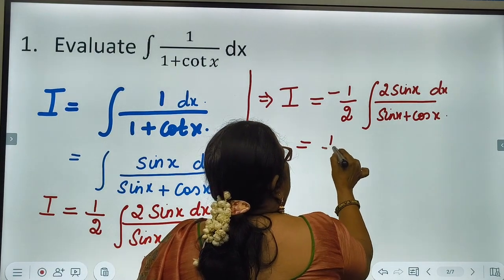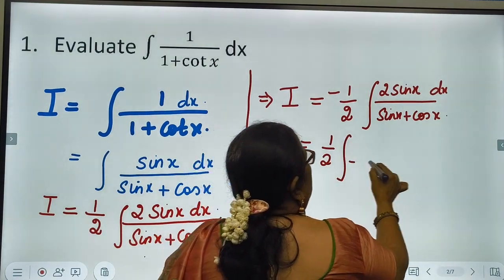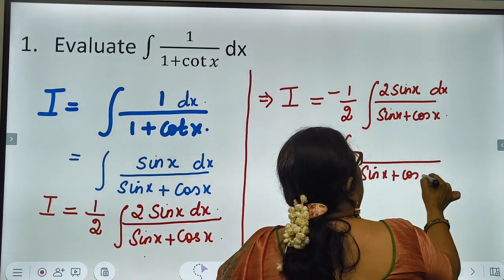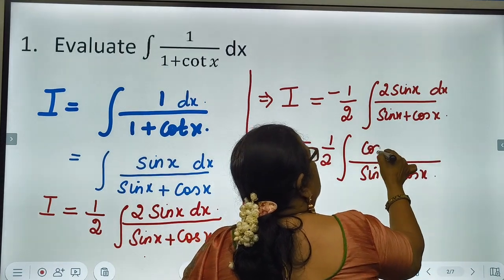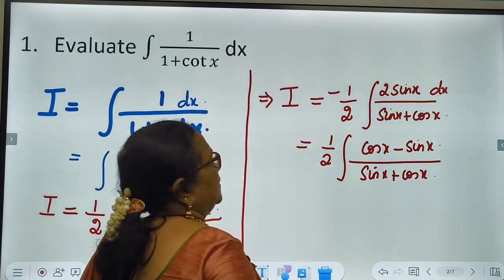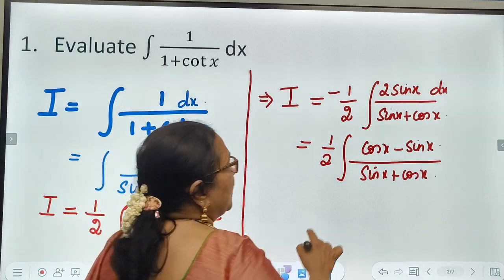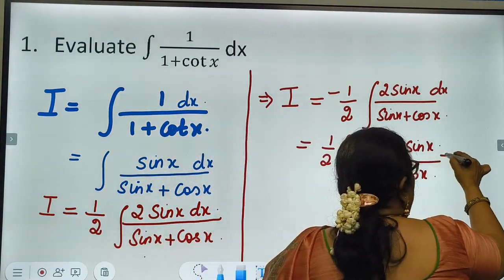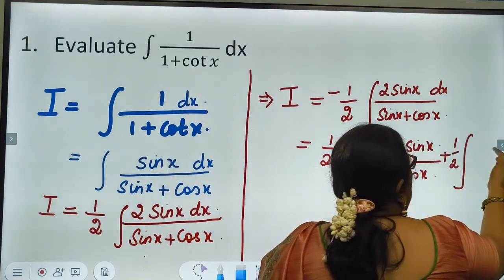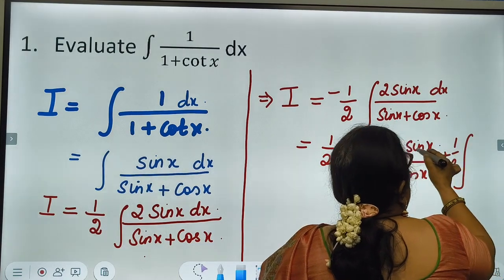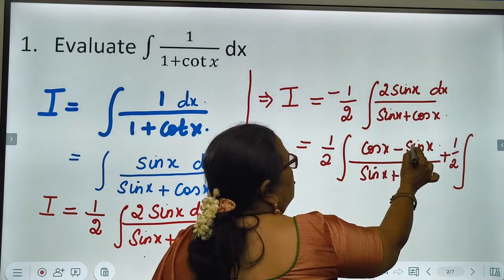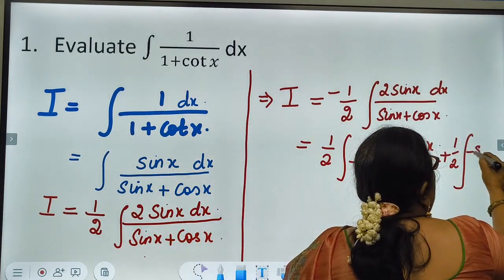Now this is further sin x plus cos x. So I am going to have cos x minus sin x. So what have I done? And write one more integral. I have added cos x, so I am going to subtract cos x, and already I have minus sin x. See, what I have here is minus 2 sin x, so I can write minus sin x.